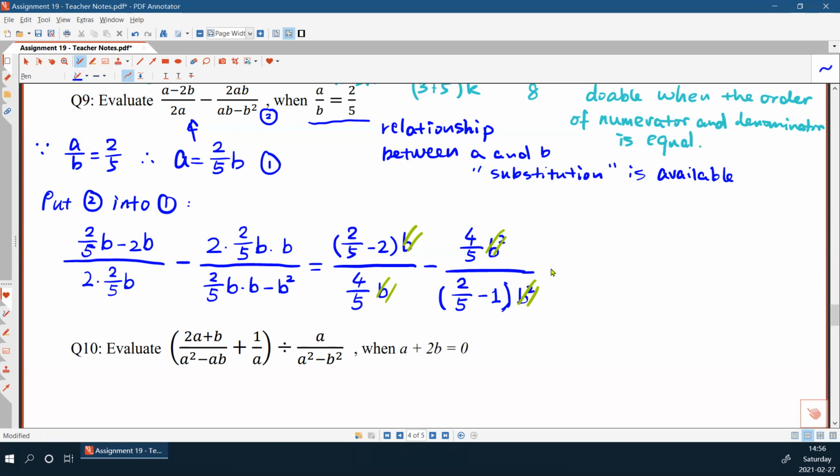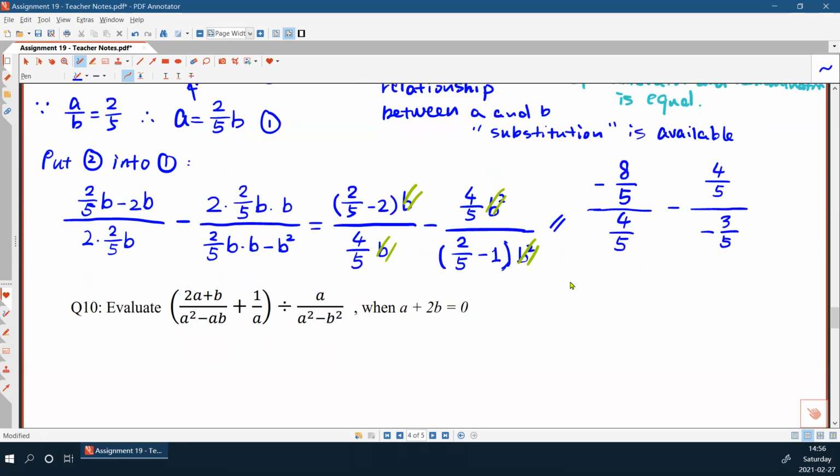Okay, so what's left there is 2/5 minus 2, which is minus how many? 8/5, right? And this is the value, then over 4/5 minus 4/5 over, okay, this one will give you minus 3/5, right?